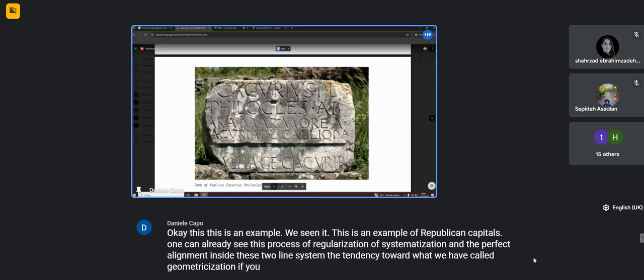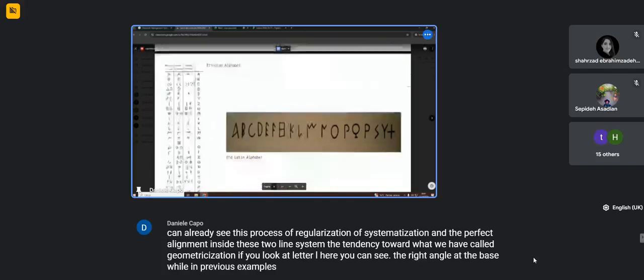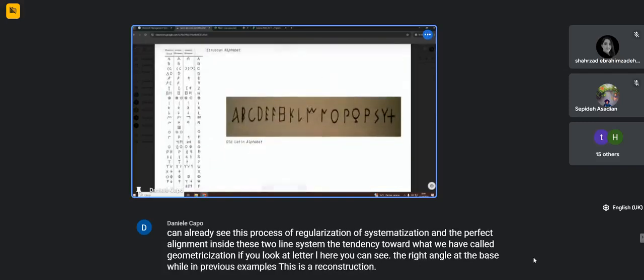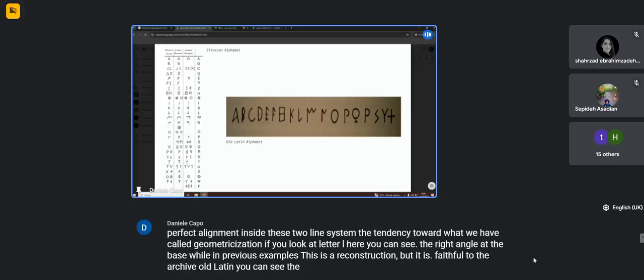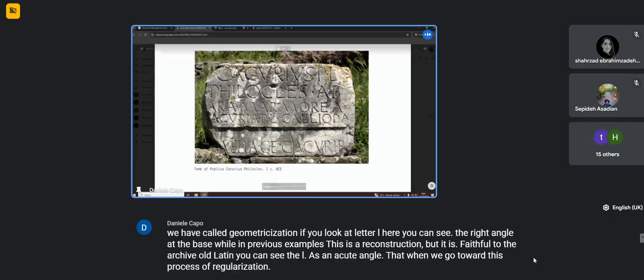If you look at letter L, here you can see the right angle at the base, while in previous examples, this is a reconstruction, but it is faithful to the archaic Old Latin, you can see that the L has an acute angle, but when we go toward this process of regularization, we can see this tendency toward a more rigorous construction.